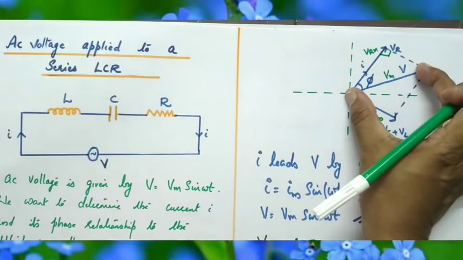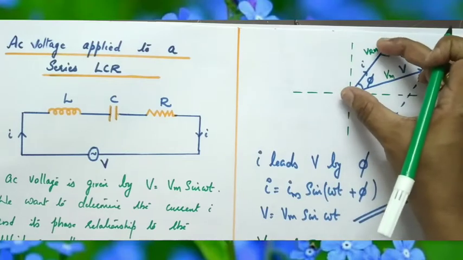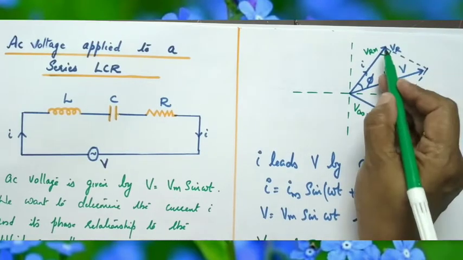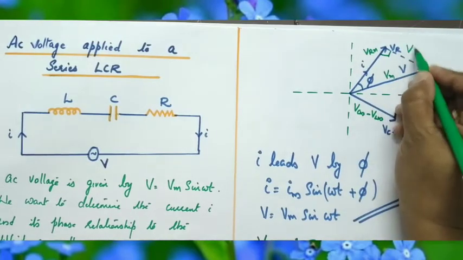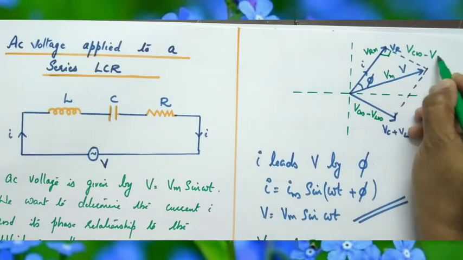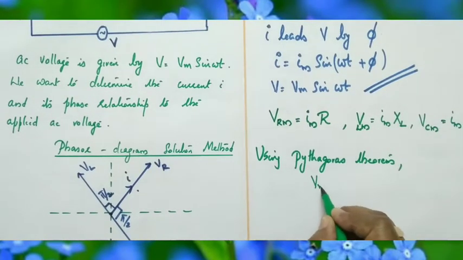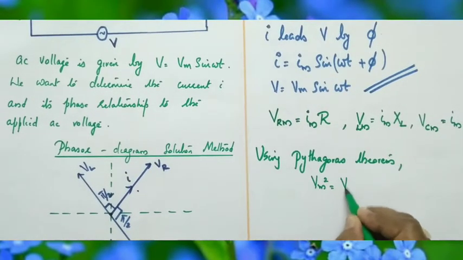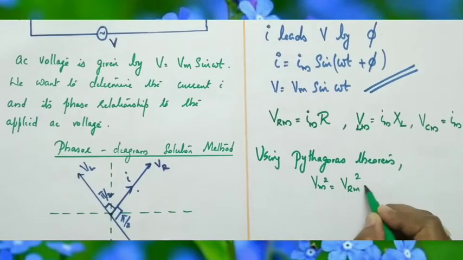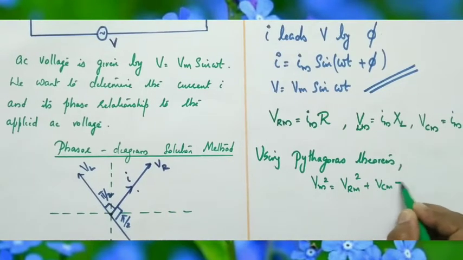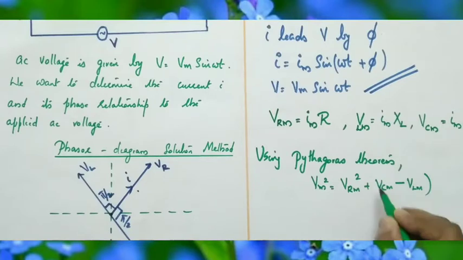Vm square equal to VRm square plus this one. These two are parallel, no? So this is again VCm minus VLm. Both are parallel. So here using Pythagoras theorem, we can write Vm square is equal to VRm square plus (VCm minus VLm) the whole square.